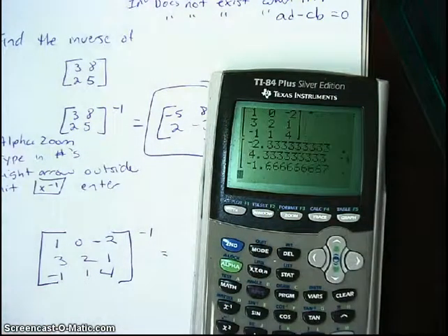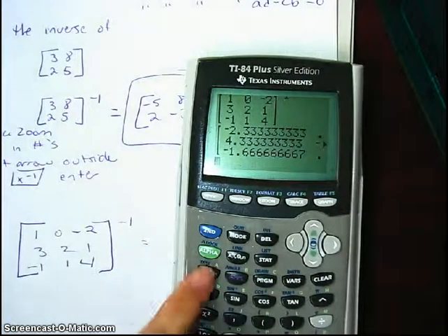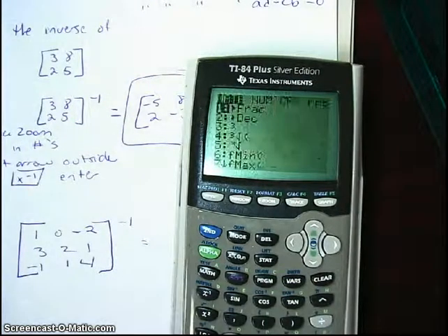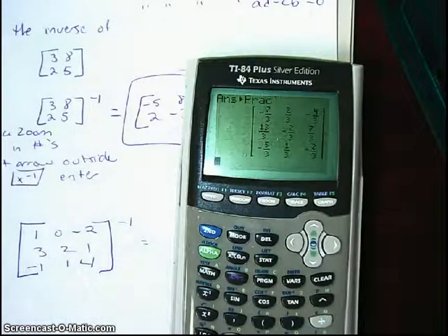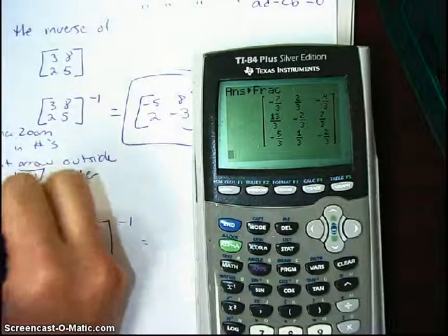Hit enter, and you notice we have a bunch of crazy decimals. These are all 0.3s and 0.6s. We don't want to write those down as our answer, so we want to convert these to fractions. To convert to fractions, we're going to hit math, enter, enter, and that'll put my answers into fractions, which are a lot easier.